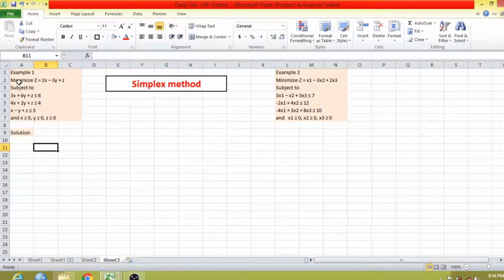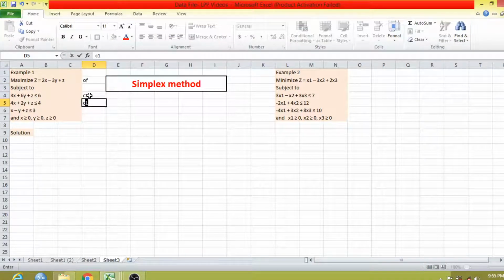In this particular problem, when we see the objective function, this is our objective function, these are our constants, constant 1, constant 2, constant 3. These are our general assumptions. It means all the given decision variables should be non-negative, or equal to or greater than 0.